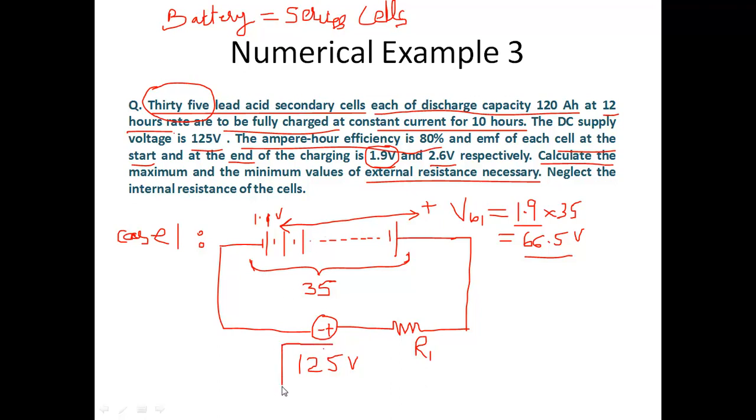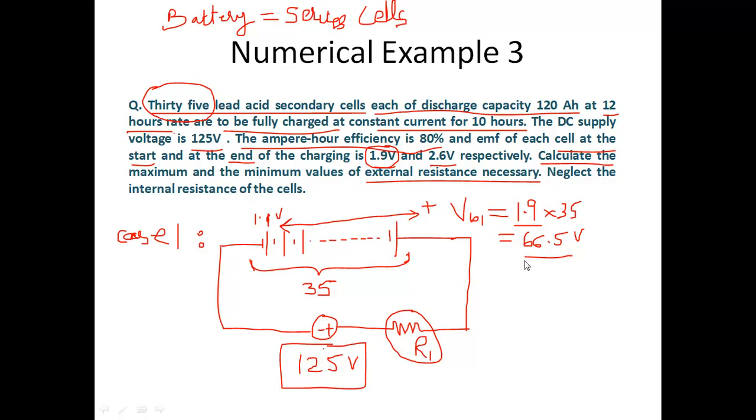So if we are using a 125 volt DC supply for charging the batteries, in case 1 the value of resistance R1 has to be greater, because the opposing voltage VB1 is smaller.